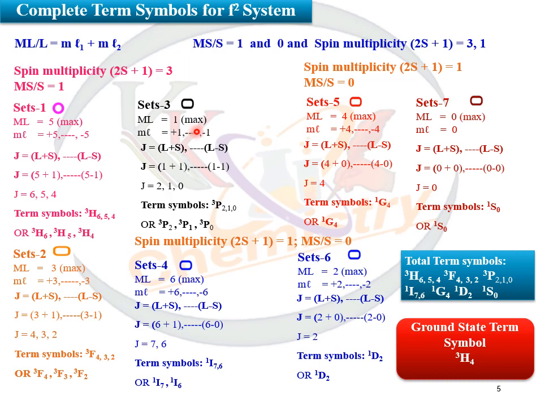For set 3, L is equal to 1, the spin multiplicity is triplet, so the term symbol will be triplet P 2, 1, 0. Okay, you can also calculate the rest. So we have the total term symbols over here, and the ground state is triplet H4.